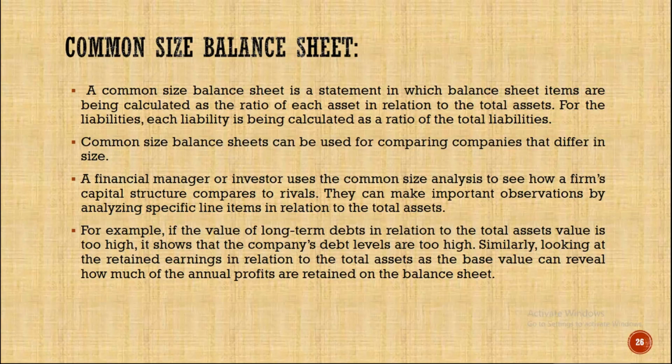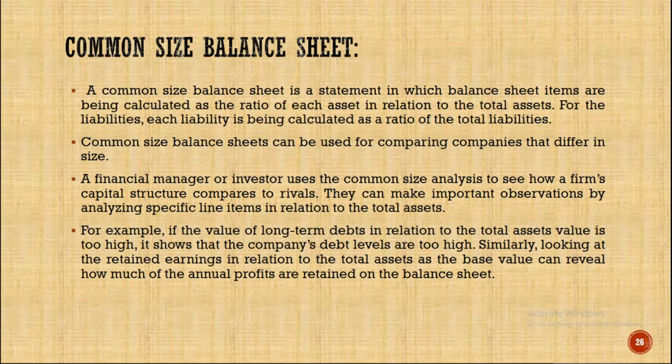A financial manager or investor uses the common size analysis to see how a firm's capital structure compares to rivals. They can make important observations by analyzing specific line items in relation to the total assets.